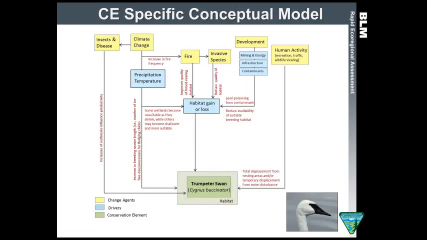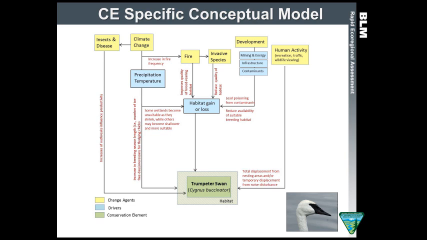And you've seen these conceptual models many times already throughout these presentations. This is just the conceptual model for the trumpeter swan. This is the result of our literature review and how we helped to formulate our hypothesis on what we expect to see from these climate change effects, and to look at how all these drivers work in concert with each other.